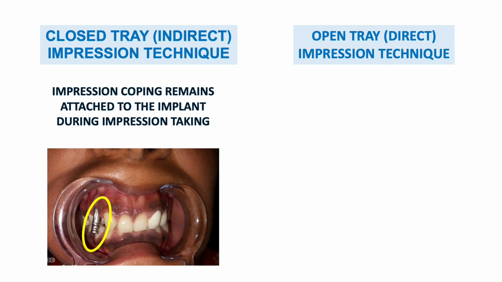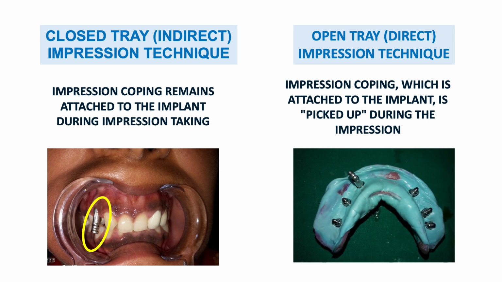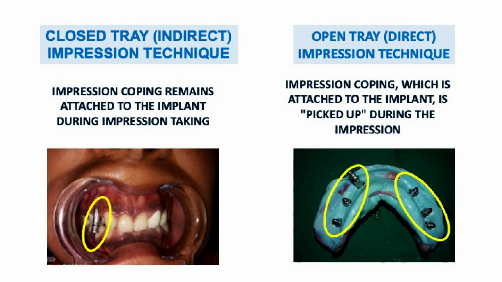Now the second one we have is direct or the open tray. In this, the impression coping which is attached to the implant is picked up during the impression. As you can see in the figure, all the impression copings are picked up with the impression. That is why it is called direct technique, because we have to pick up the coping along with the impression. In direct technique, there is no need of reinsertion of coping.